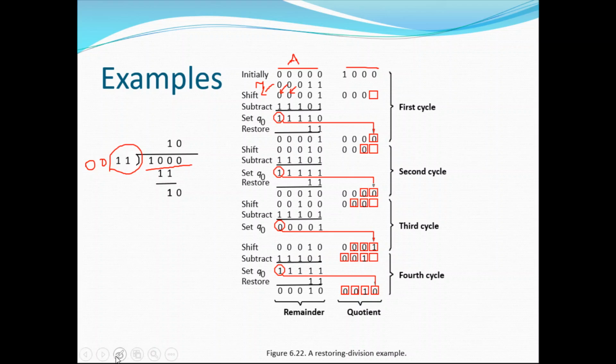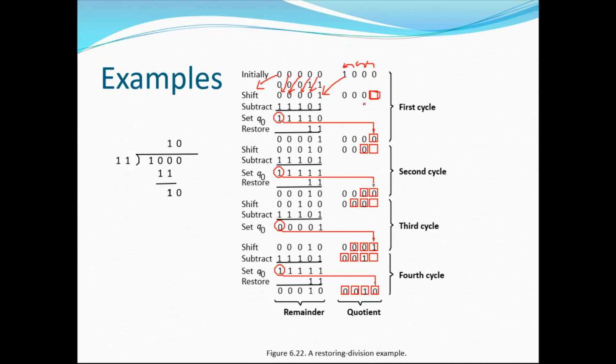We have to shift A, that is M. Sorry, this is M. We have to shift A. So when you shift A, this 0 will go out, and the bits move one position to the left: this 0 will come here, this 1 will come here, and this 0 will come here. As the bits are moved, an empty position is created in Q, so that Q naught position is empty.